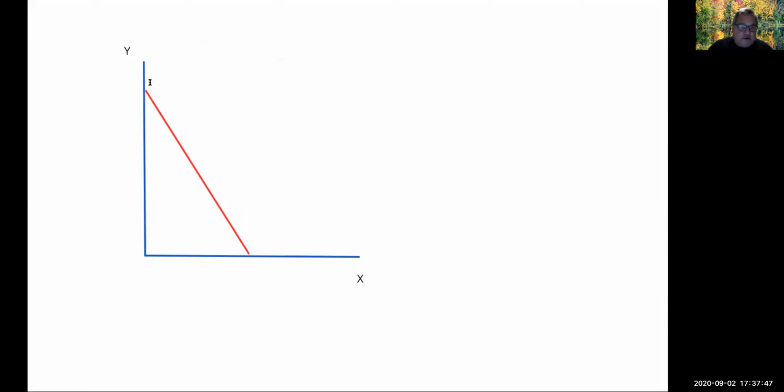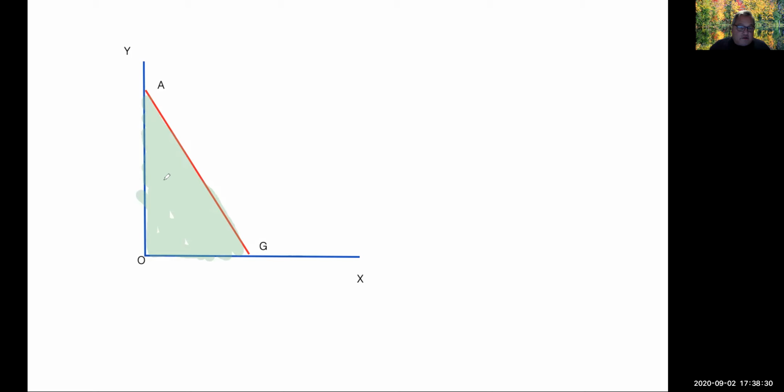And just like before, I'm going to call this upper point here A. I'm going to call this lower point here G, and I'm going to call this origin point O. Triangle AOG. And we're going to visually represent the points of feasibility in green. So these are the so-called attainable points, or allocations of our resources, that we can actually get thanks to the fact that we have the resources to get them.